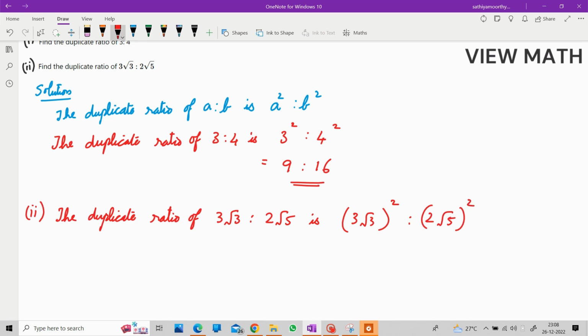So 3 the whole square is 9, √3 the whole square becomes 3, 2 the whole square is 4, and √5 squared becomes 5. So 9 into 3 is 27 is to 4 into 5 is 20. This is the duplicate ratio.